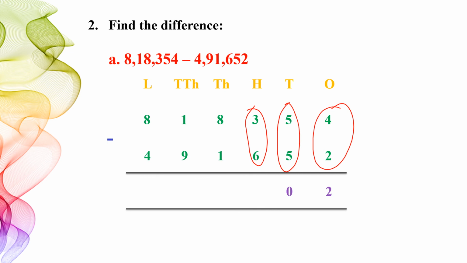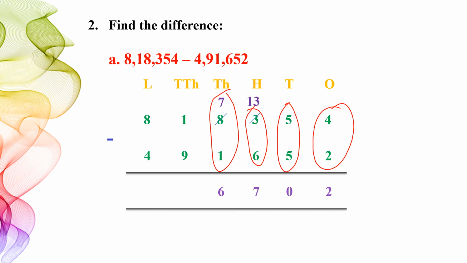So, while getting help from the thousands period, this 3 will be converted into 13 and this thousands period 8 will be converted into 7. Therefore, 13 minus 6 which is equal to 7. And in thousands period we have 7 minus 1 which is equal to 6.